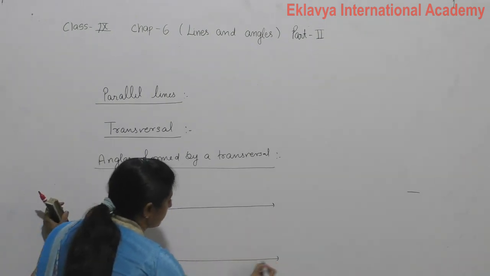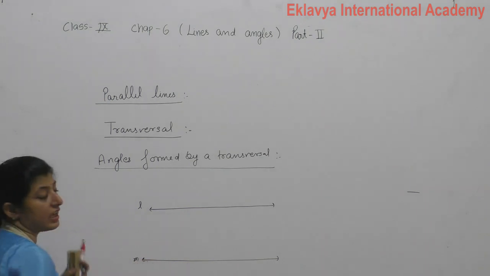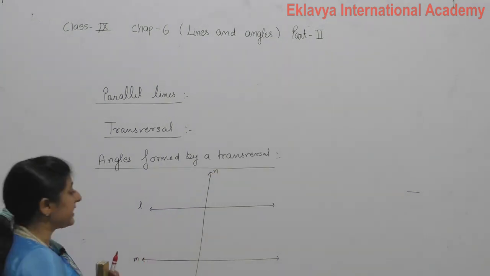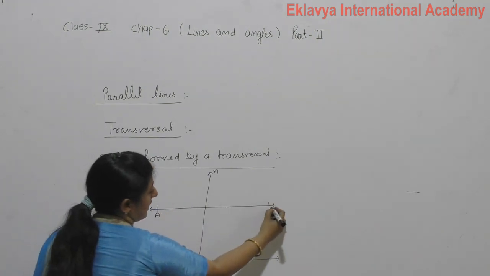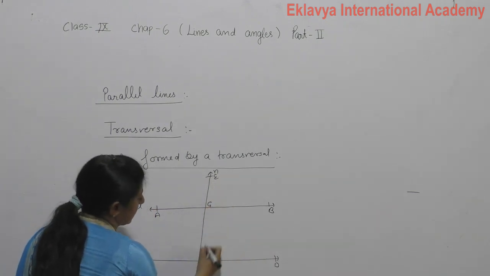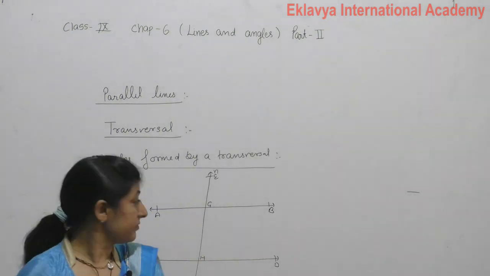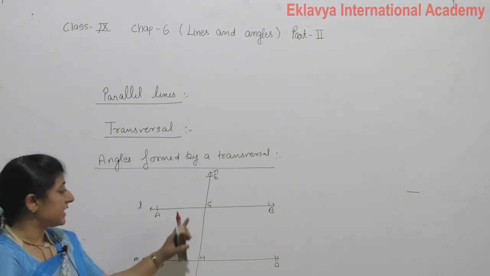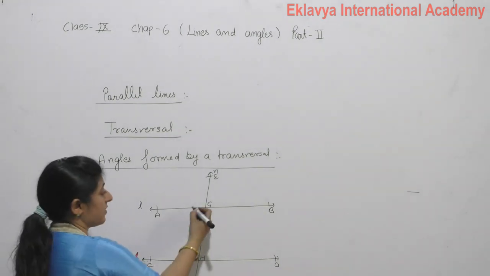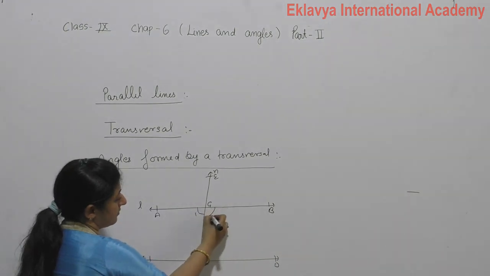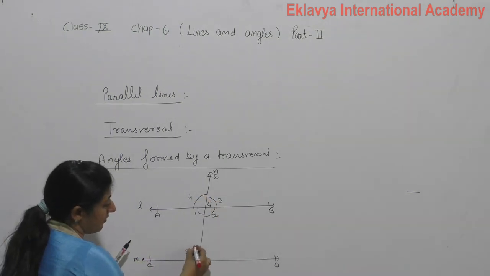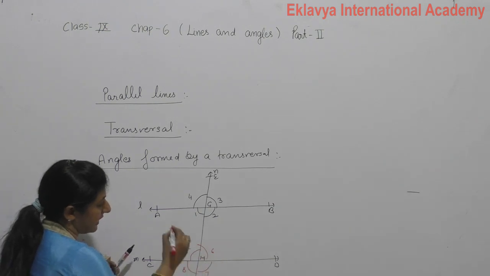There are two lines L and M. A transversal intersects lines L and M. I give names AB, CD, EF, intersecting at points G and H. Now see, when a transversal intersects two lines at two different points respectively, then it forms 8 angles: 1, 2, 3, 4, 5, 6, 7, 8.